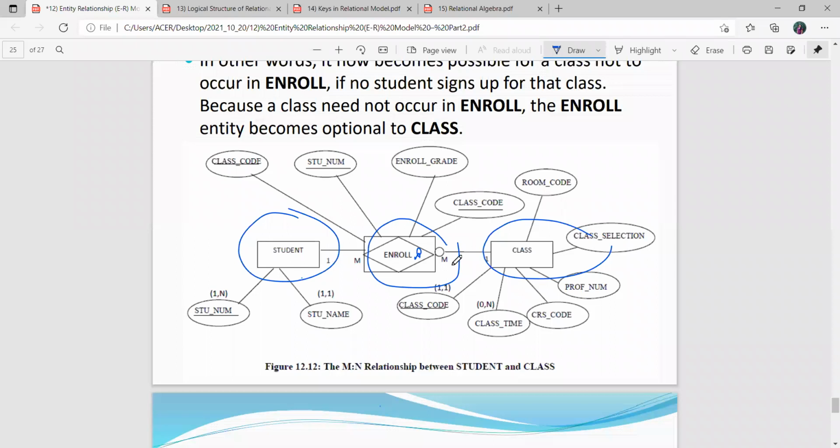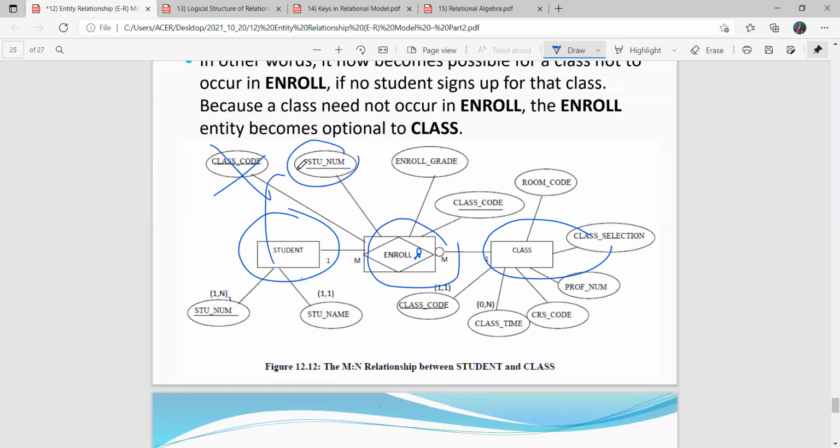You can see one to many and many to one relationships between these two entities. So when we consider this enrollment, this is not mandatory. That means student is not a mandatory case for the class. So it's optional. When we consider the composite key, it consists of class code and student number.